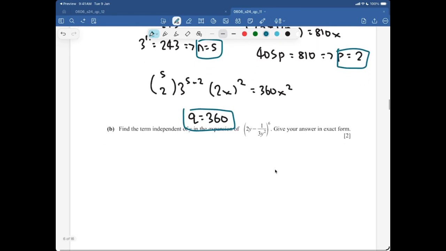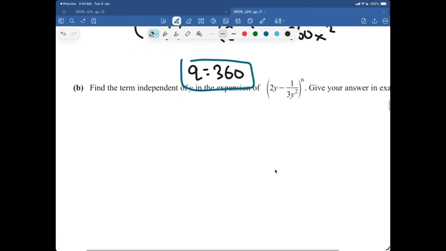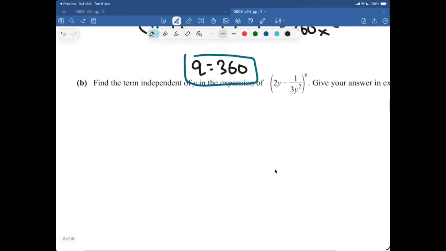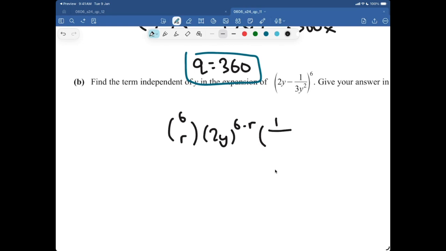So find a term independent of y. We're not going to just expand the whole thing to find the constant term. Instead, we're going to use the technique. You know that the general term will be in the form of 6 choose r, (2y) to the 6 minus r, times (negative 1 over 3y squared) to the power of r.